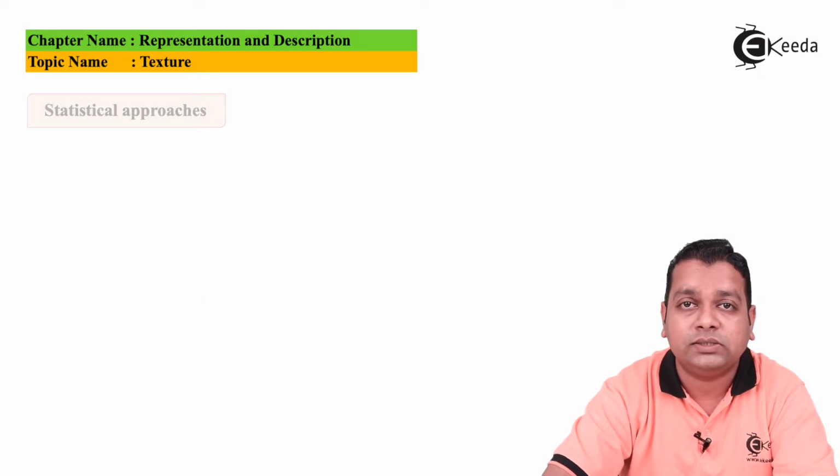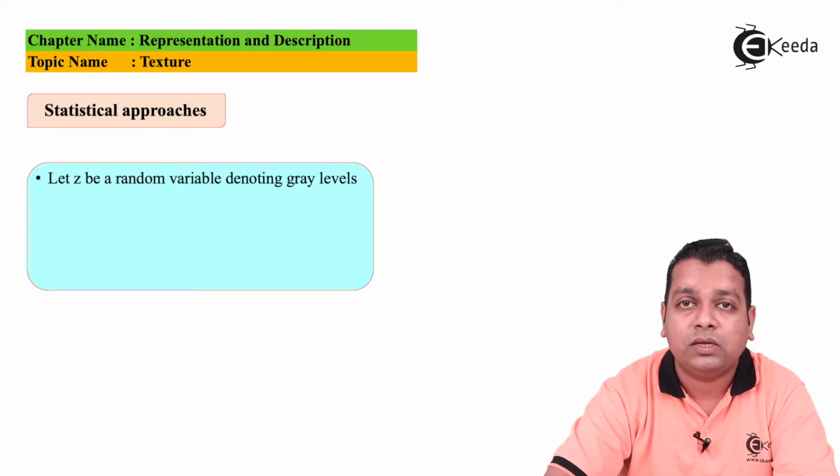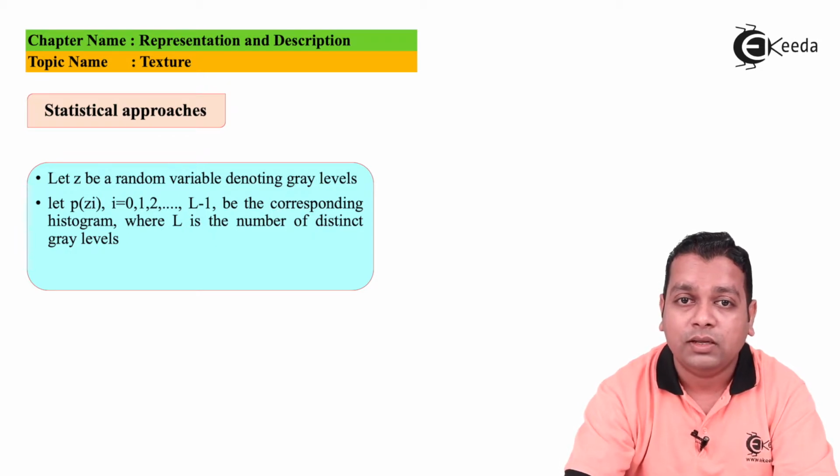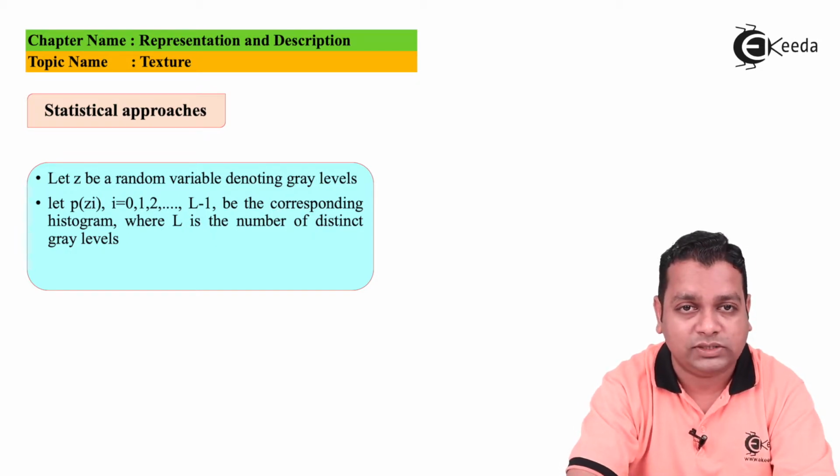So we start discussing the first approach, the statistical approaches. Here we let small z be a random variable that denotes the gray levels, and let p of z suffix i, where i takes the values 0, 1, 2 up to capital L minus 1, be the corresponding histogram, where capital L is the number of distinct gray levels.